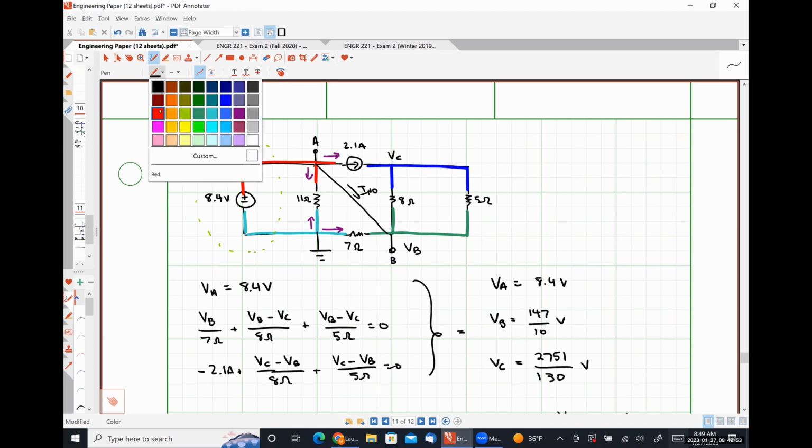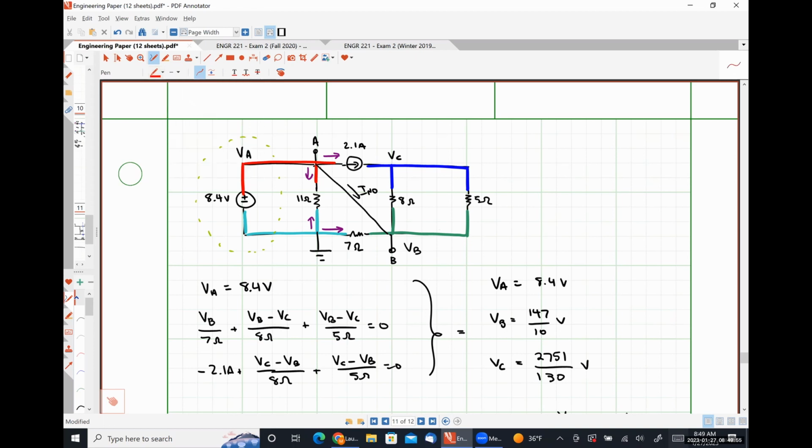One thing that you could do to make life slightly easier is recognize that now node A and B are the same node. And so nodal analysis would literally just be solving for node C, and then we could figure out our currents using Kirchhoff's current law.